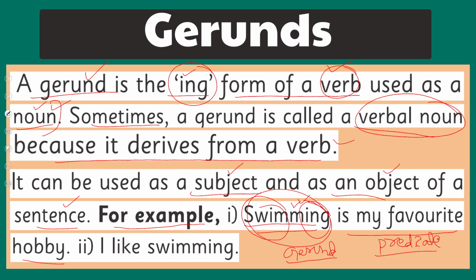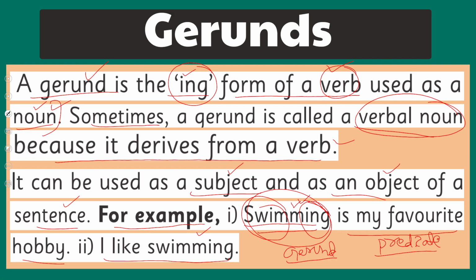I like swimming. For example, this is like saying I like chocolates. But we are using a gerund, so we are going to use the gerund the same way as we are using our noun. So students, playing, working, swimming, eating, all these verbs with ing form, they are our verbal nouns or gerunds, and you can use them as well.